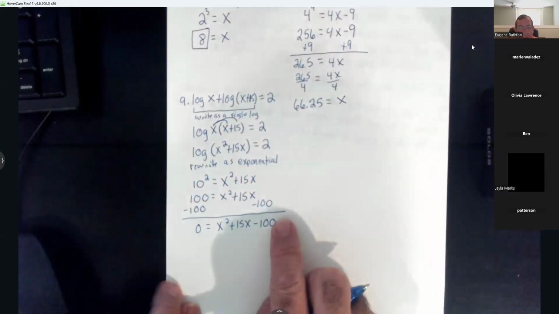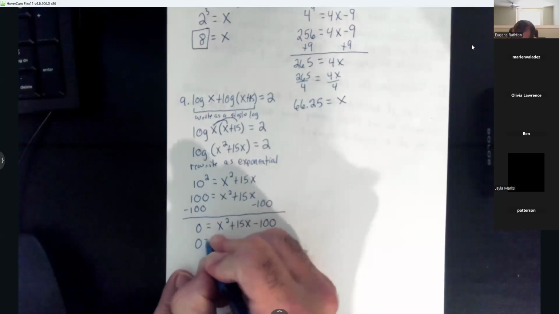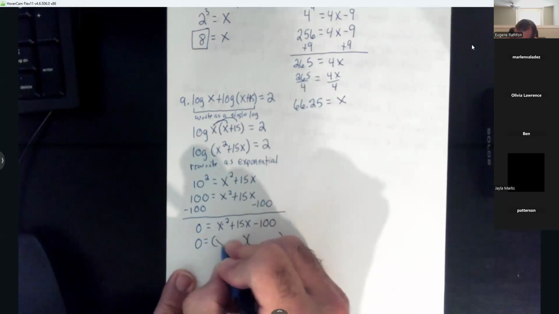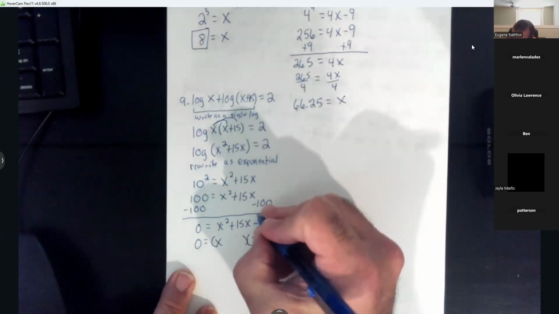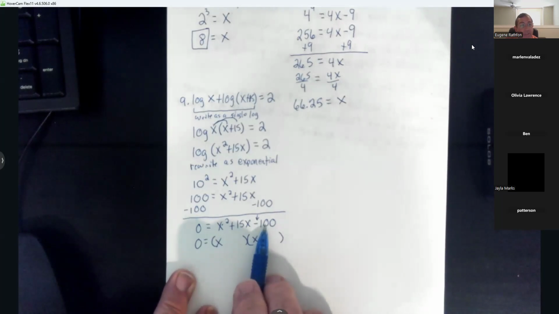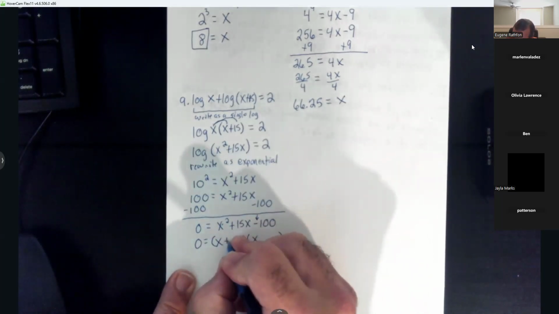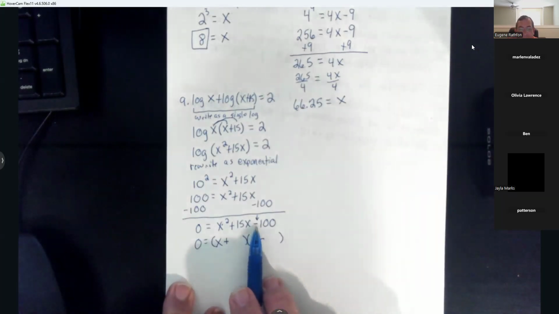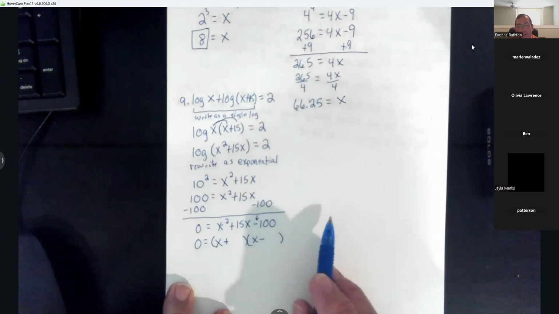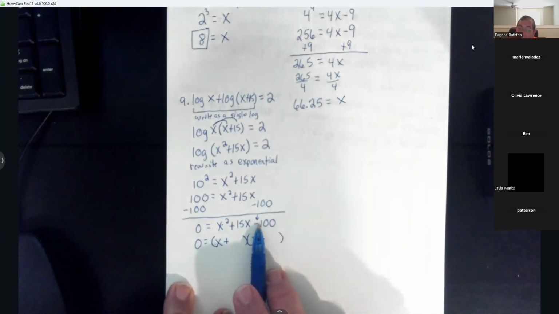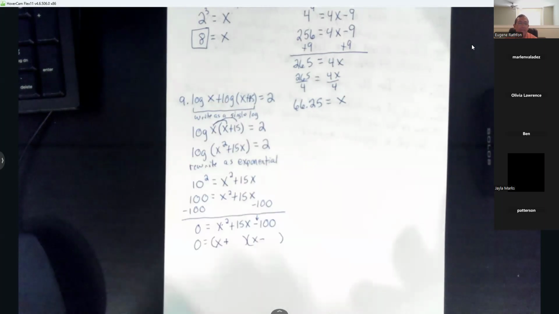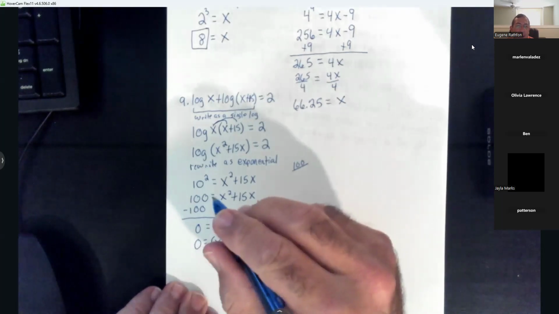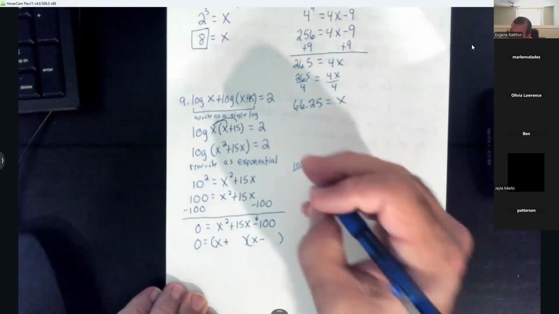All right, y'all, so we're going to have to do a little factoring. X squared is an x and an x. The last number is negative, so one will be positive, one will be negative. So what I need is factors of 100 that'll subtract and give me 15. So what will multiply to get a 100, but subtract to get us a 15?